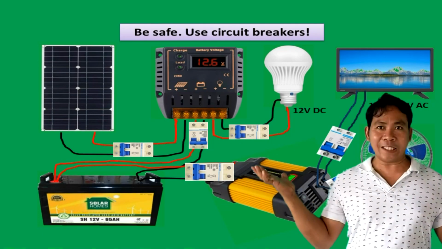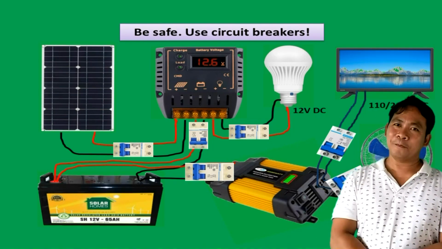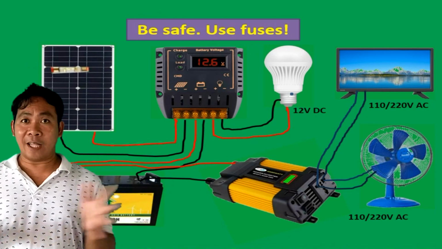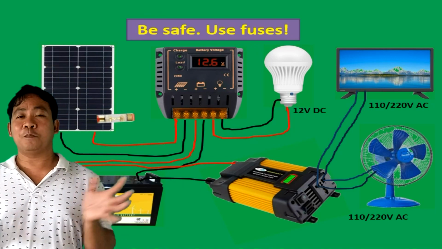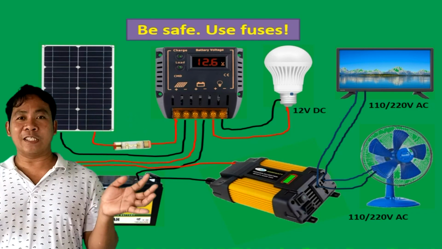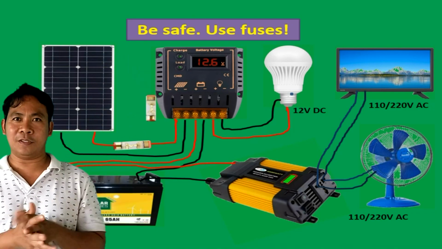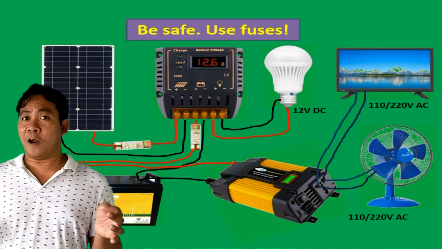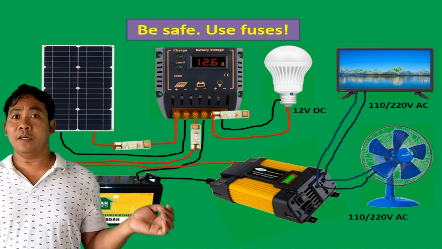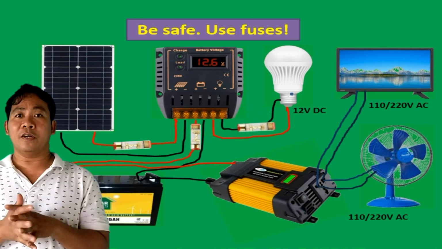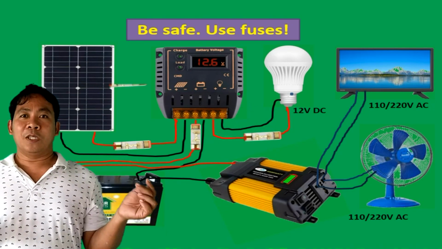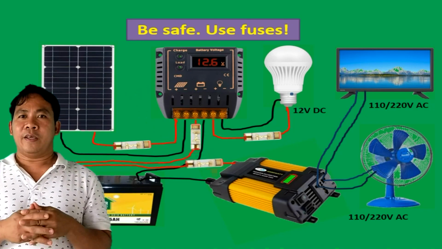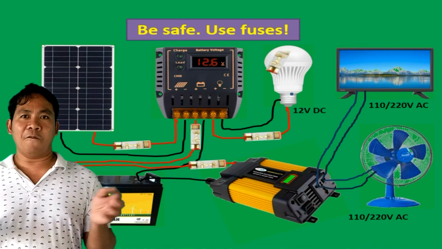So expensive, right? So there are some alternatives for that. I know it's very expensive, but to be safe, we can still use fuses. So you can again put a fuse from the solar panel to the charge controller, and then from the charge controller to the battery, from the load of your charge controller to the DC output, and to your inverter.